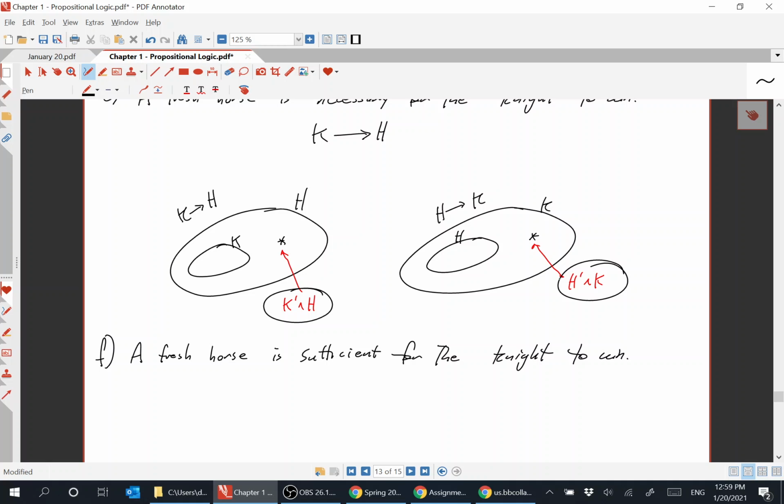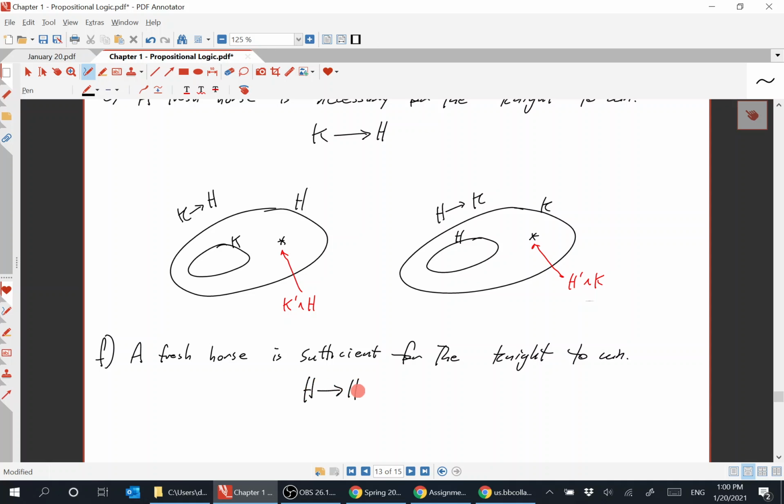This or this? Here, you got a fresh horse and the knight lost. Here, the knight won with a tired horse. Which one contradicts that a fresh horse suffices for the knight to win? Give that knight a fresh horse, he's going to win. Not K, but H. He got a fresh horse, but he lost. So this is H implies K.